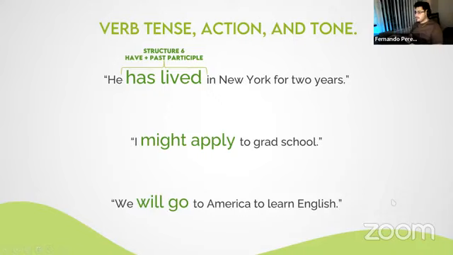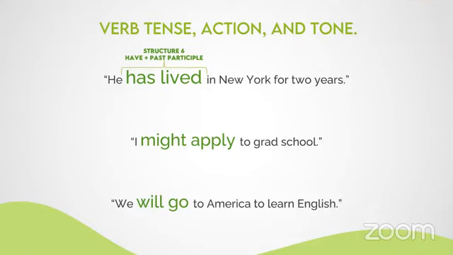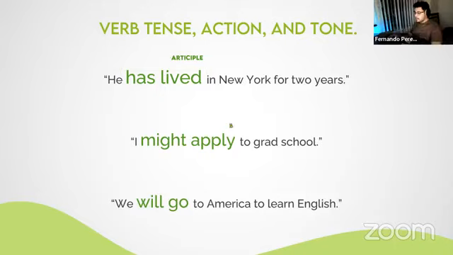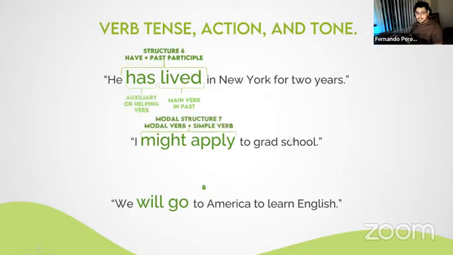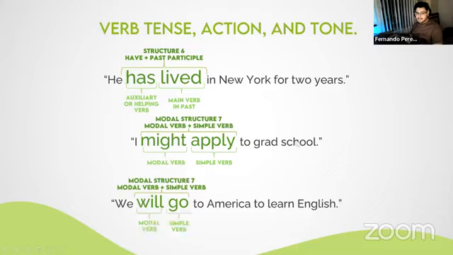And the other two are a modal structure, number 7. Structure 6, structure 7, and structure 7. The first one is auxiliary, the second is a modal, and the third is a modal. You see?